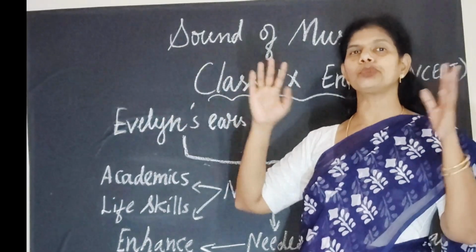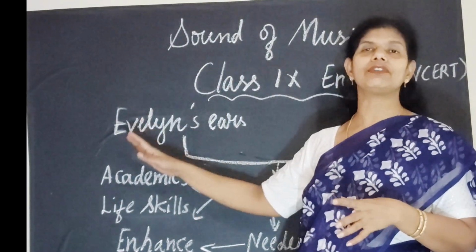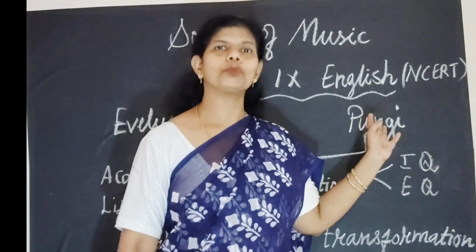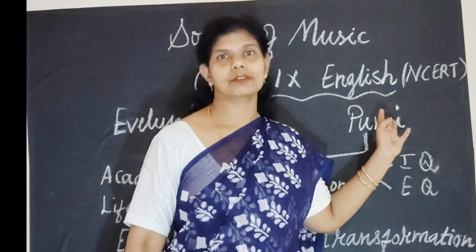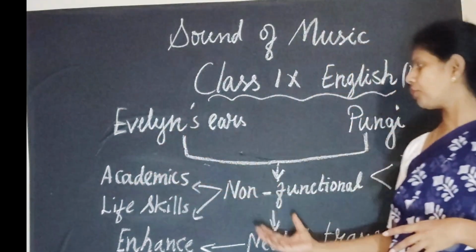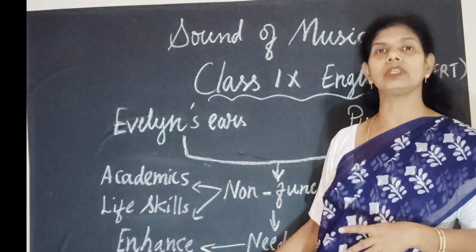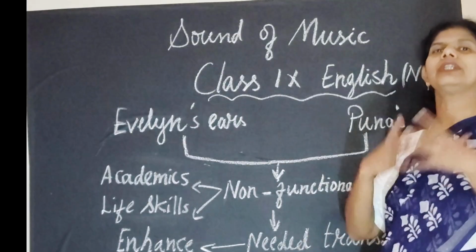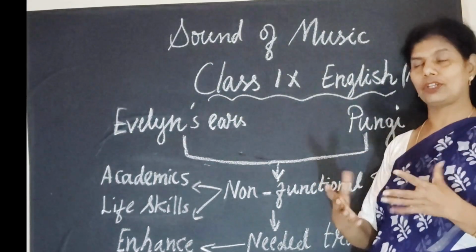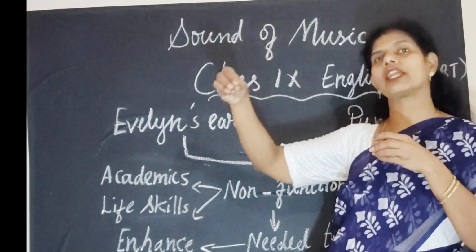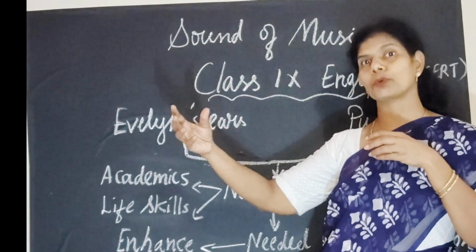And here there are two things that are non-functional. One is Evelyn's ear, the other is Pungi. Pungi was banned by Aurangzeb according to the lesson. Both of these were non-functional, and both needed change. Pungi needed a transformation, a newness, a totally different thing. So from Pungi emerged Shehnai, a totally different product.